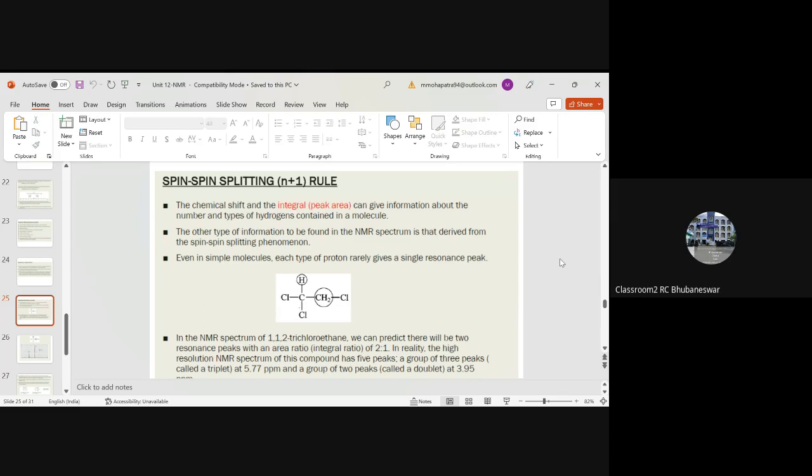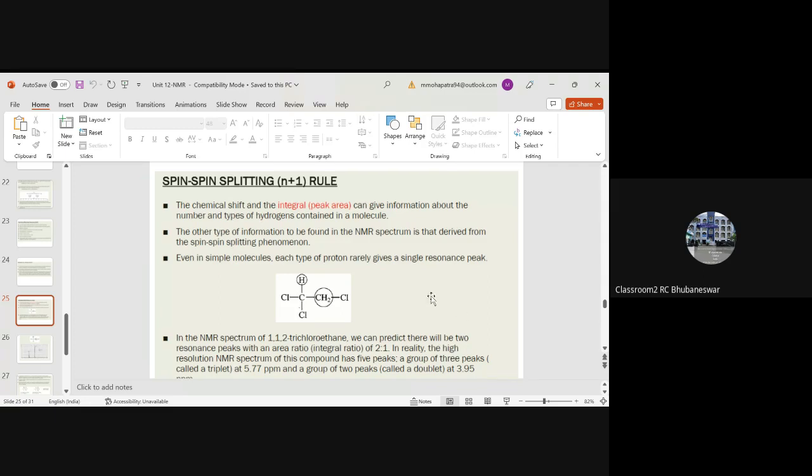Spin splitting also gives some additional information. Even in small simple molecules, each type of proton rarely gives a single resonance peak. Okay, it means that even in simple molecules you may not get a single resonance peak. You may get some additional peaks as well.